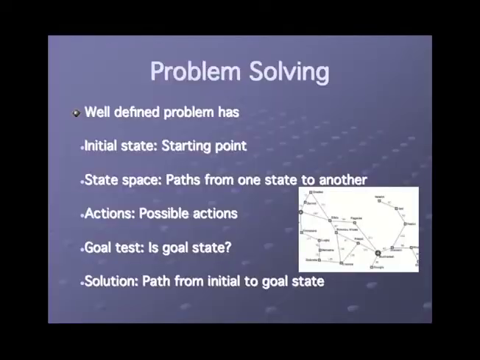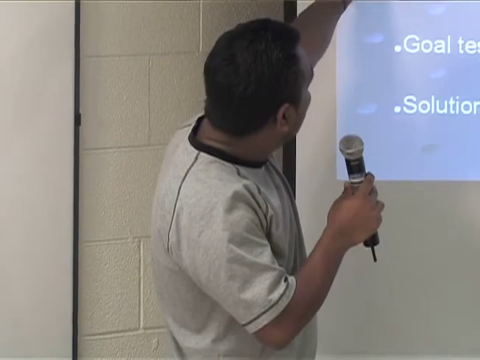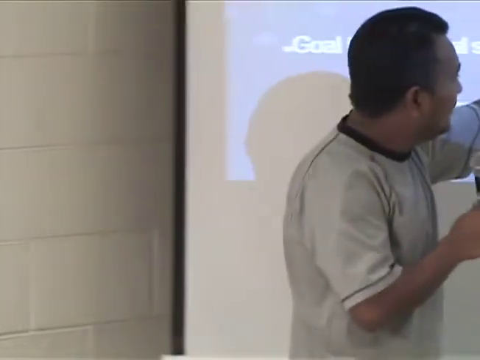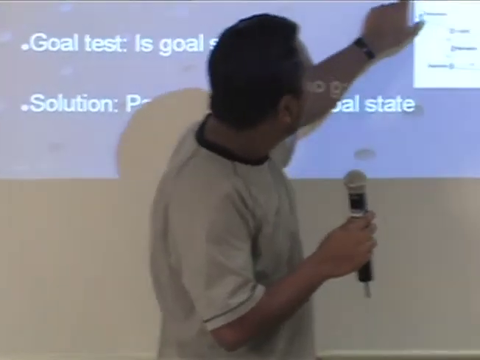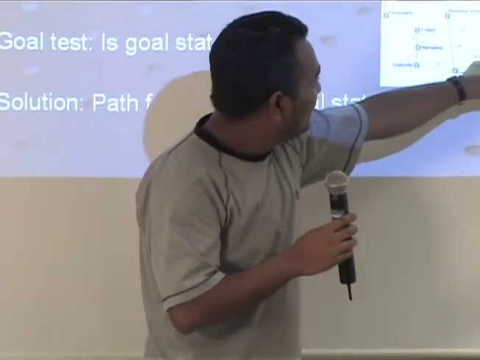There are around 6 steps of problem solving. A well-defined problem can be solved intelligently by computer machines, and the problem should have an initial state. Let's say this is a path that we need to reach from this initial point to the goal point.